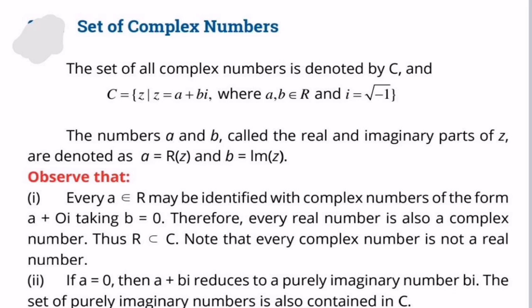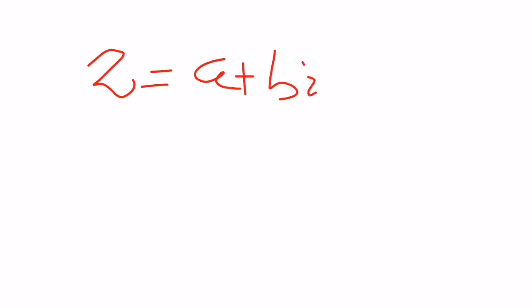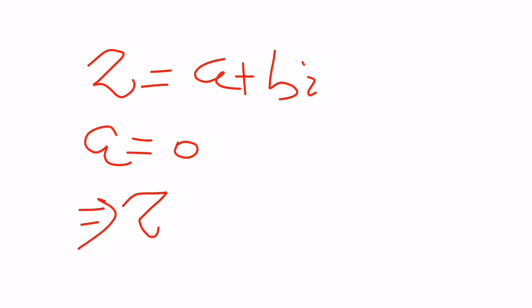Now, if we take a equal to 0, then a plus b iota reduces to a purely imaginary number. That means if z is equal to a plus b iota and we take a equal to 0, then z is equal to b iota.